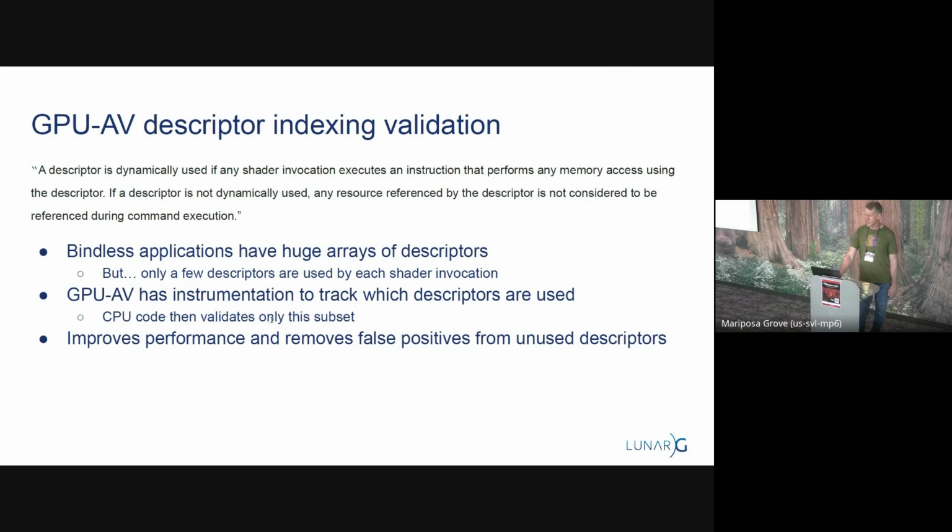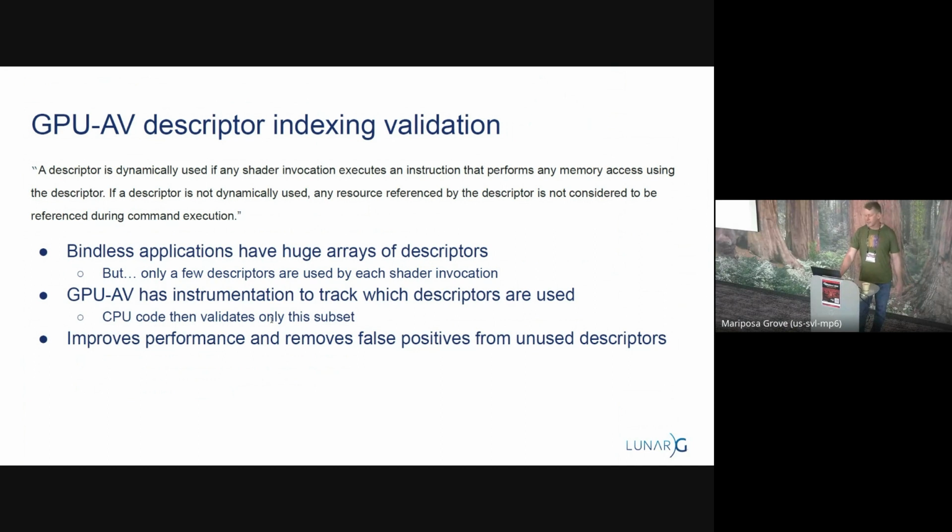So what happens is we report back to the CPU, here are the 3 descriptors that we use, then we run validation on those after the fact, and that both improves performance and removes the false positives of the other 1 million minus 3 descriptors, which we shouldn't have been validating.